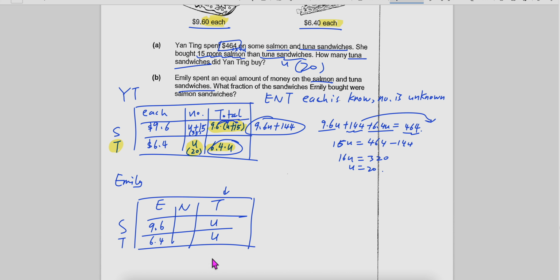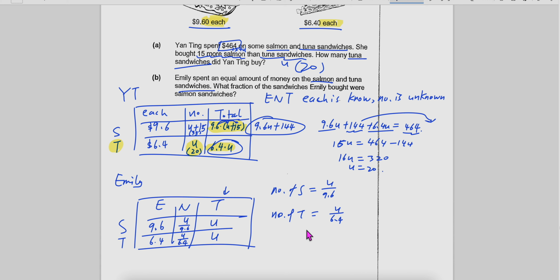So how do you find the number in this case? U divided by 9.6, right? That's the number of salmon for Emily. Then U divided by 6.4, that is the number of tuna for Emily. So you just write down, number of salmon is U over 9.6. Number of tuna is U divided by 6.4.